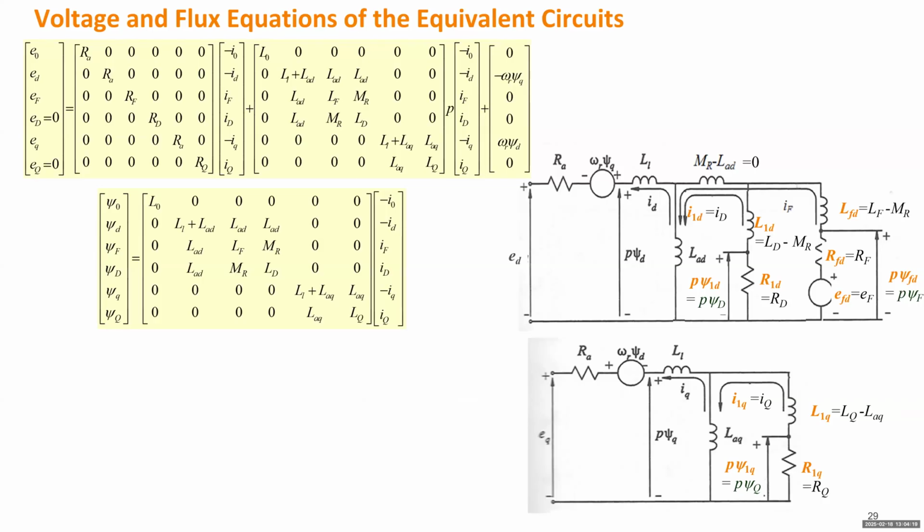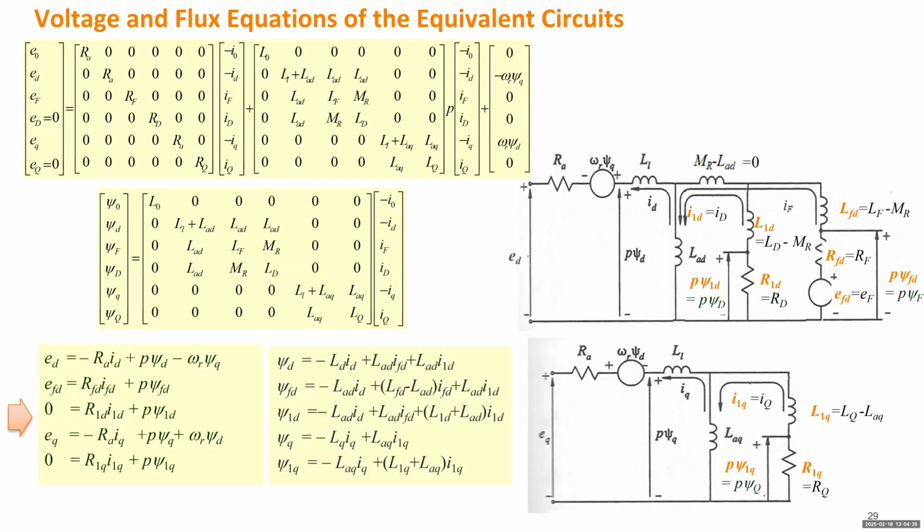All right, so now we use those 2 equivalent circuits with new notations for the inductance or resistance of each branch. We also need to somehow change the voltage equation and flux equation. We are going to rewrite those equations as the following equations. So those equations are exactly equivalent to the original equations.